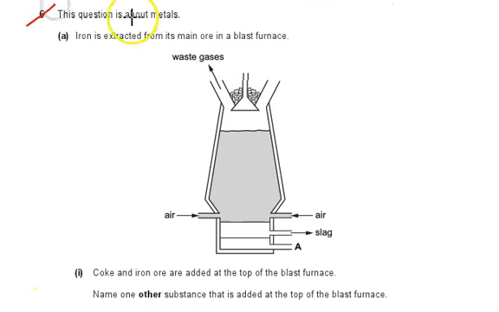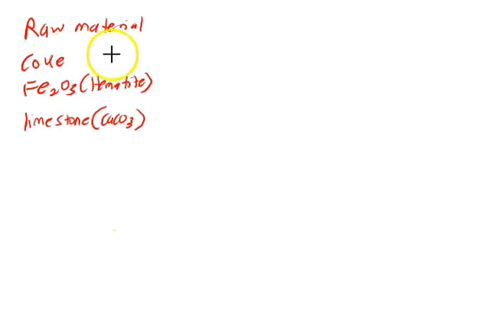Okay, this question is about metals. Iron is extracted from its main ore in a blast furnace. Let me explain to you the entire process of this blast furnace first. For blast furnace, this is the raw material. We have coke, and we have hematite, iron oxide, and we have limestone, which is calcium carbonate. So the first process will be starting with the carbon.